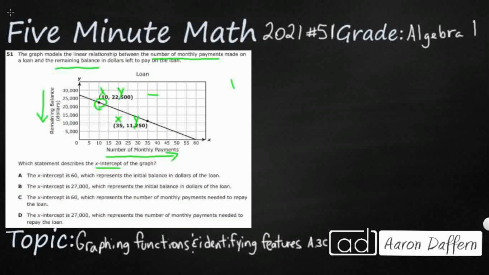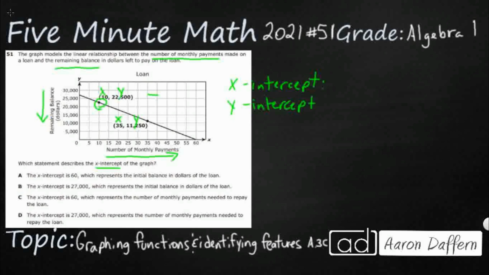What are our 2 intercepts? They're asking for the x-intercept, but if we look at our reference materials for the STAAR, guess what we're not going to find? Any definition for either of these.